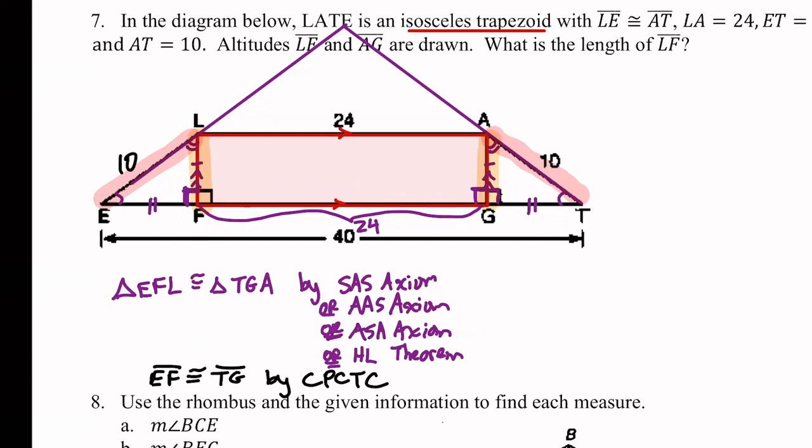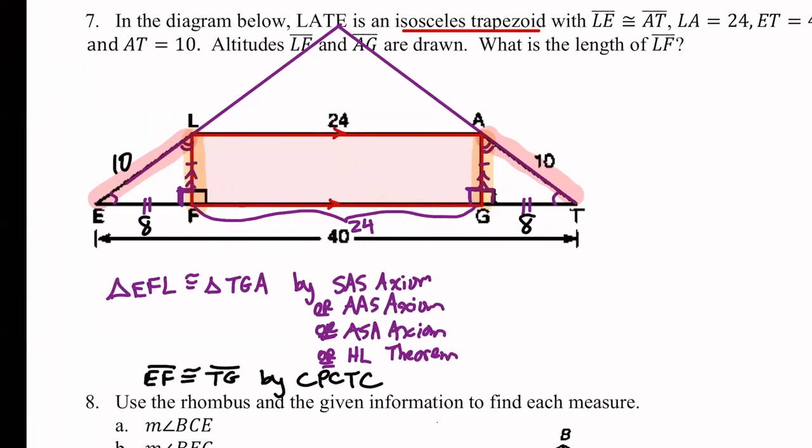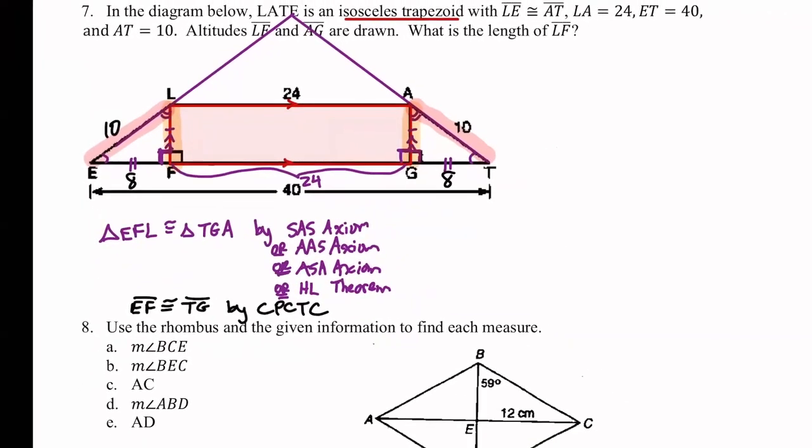So if I now know that these two line segments are congruent, and we already have 24 units accounted for out of the 40, then there's 16 left over, they have to be 8 and 8. Right. So if I want LF, I could just use the Pythagorean theorem.